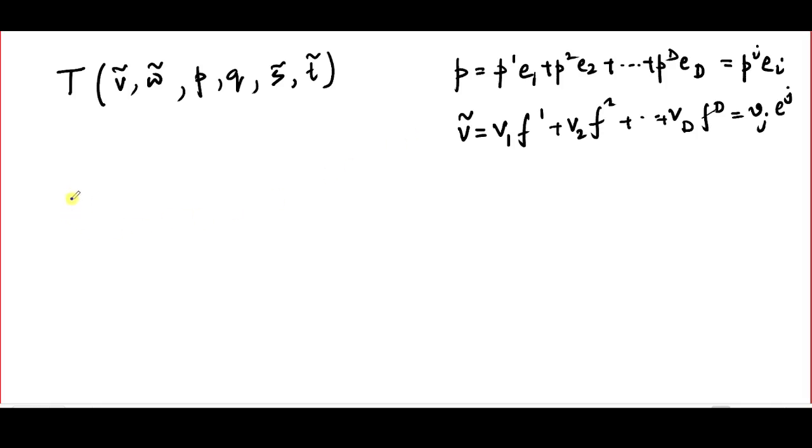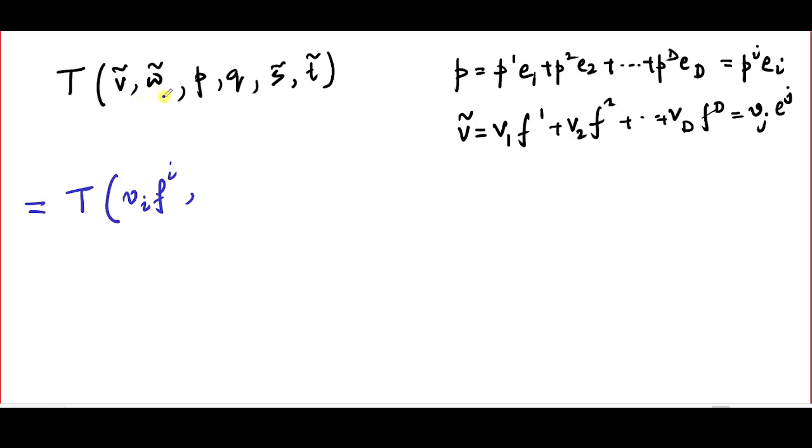Now, using the fact that T is a multilinear map, we can actually rewrite this result of T acting on this bunch of arguments in the following fashion. First, let us write down each of the arguments in this form. So V tilde will become Vi Fi.